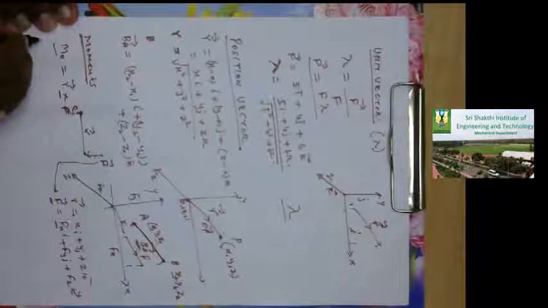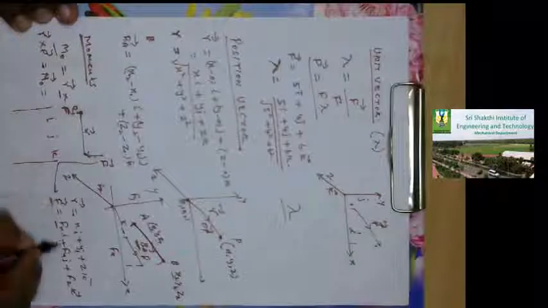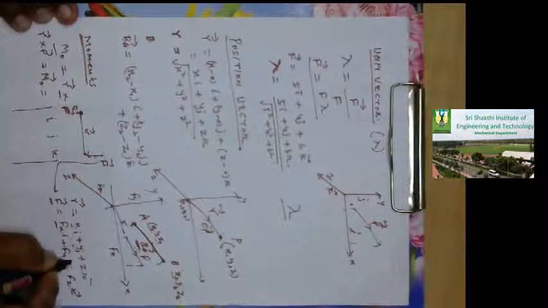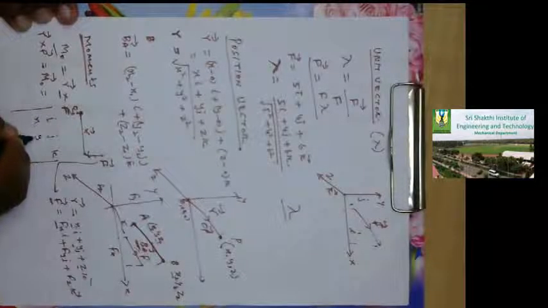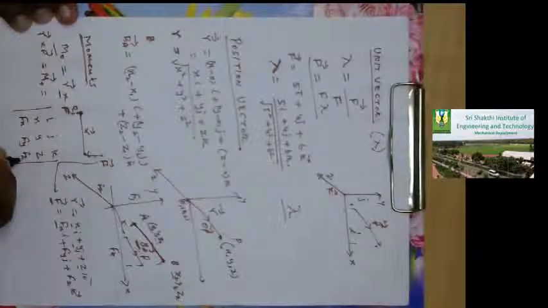So r cross F will be written as my moment, the M vector about the point O. This will be the determinant of the matrix with rows i, j, k, the unit vectors along x, y and z, then the corresponding coefficients x, y and z, and then Fx, Fy and Fz.